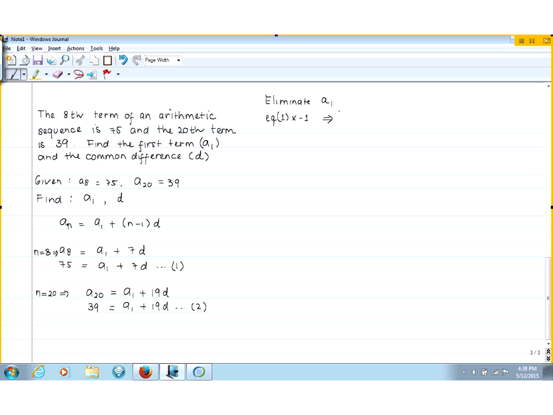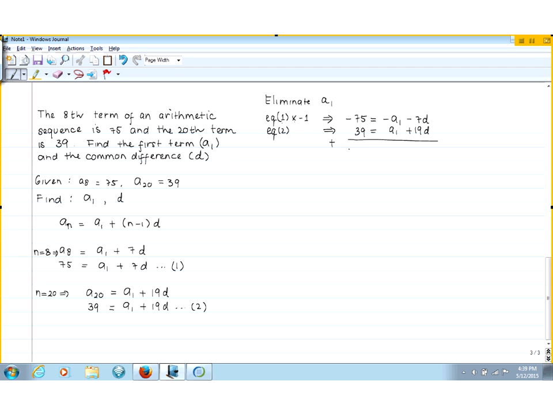So equation 1, we will multiply by -1. This is how I usually write it. I hope it's not confusing. It just means equation 1 multiplied by -1. So -75 is equal to -A1 minus 7D. And equation 2: we have 39 is equal to A1 plus 19D.